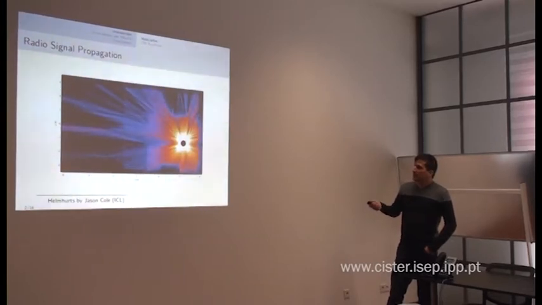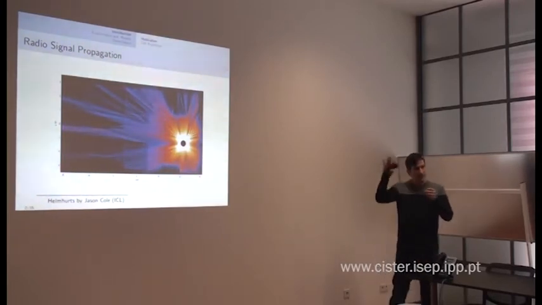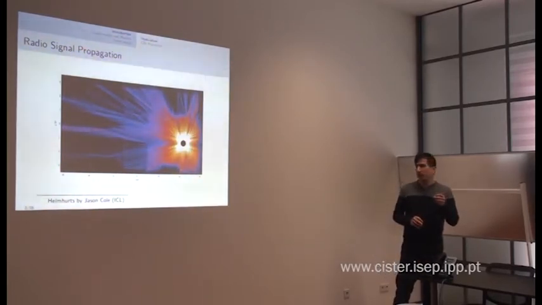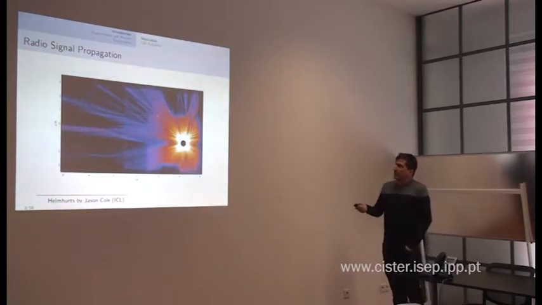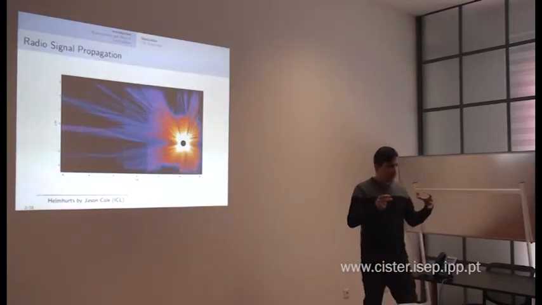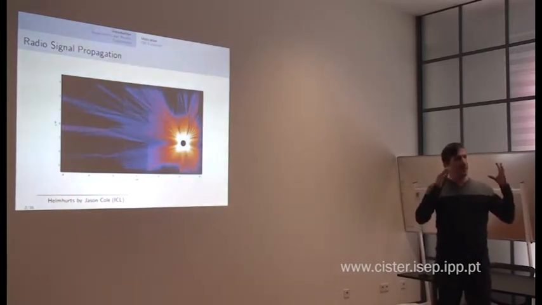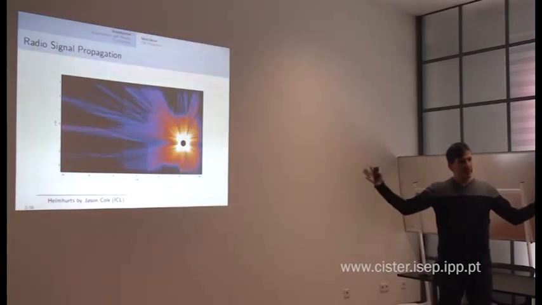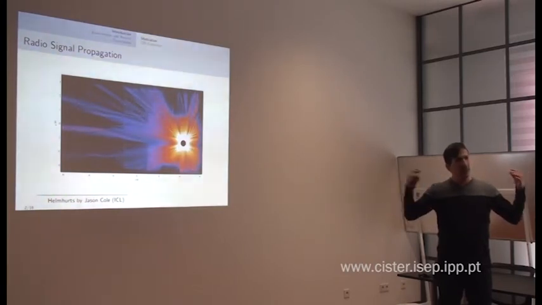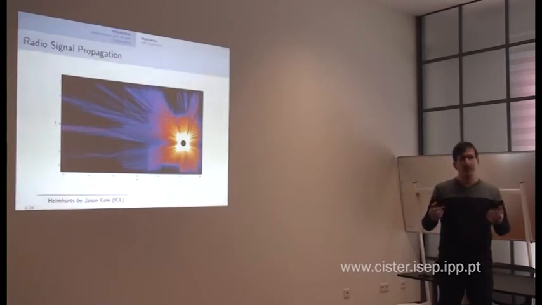The color scale indicates the spatial distribution of the intensity of the wave. If we were in open space, you would expect the wave to propagate smoothly, with the intensity decaying with distance, but in a homogeneous way.